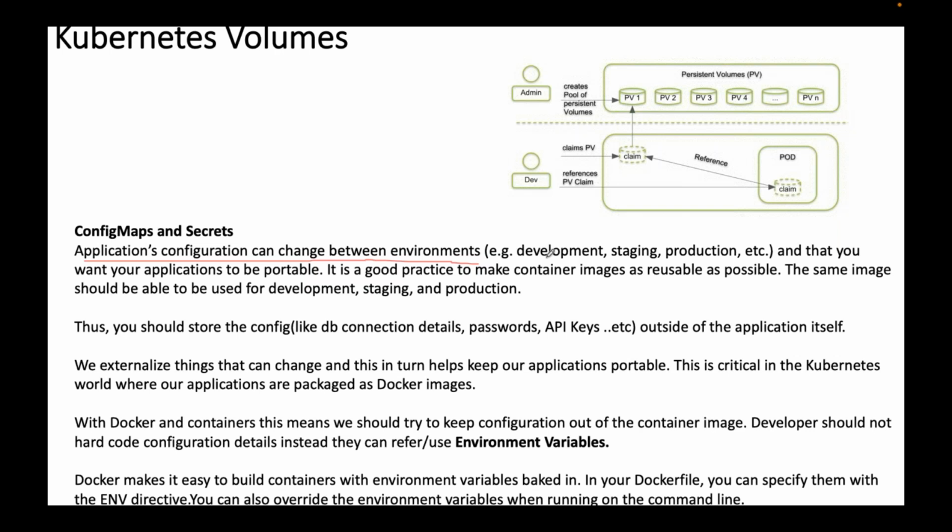It is good practice to make container images as reusable as possible, which means you should be able to use the same image for the development environment, stage environment or production environment. But application configurations will change.